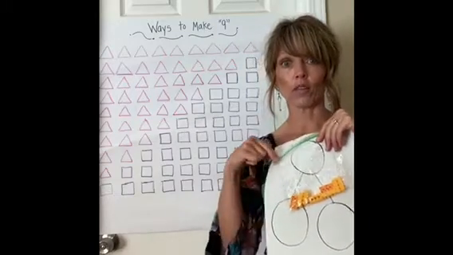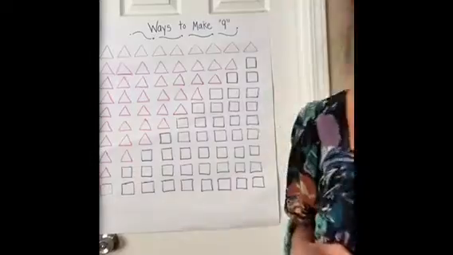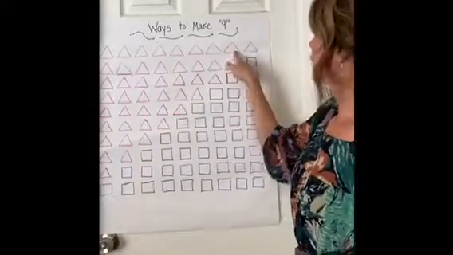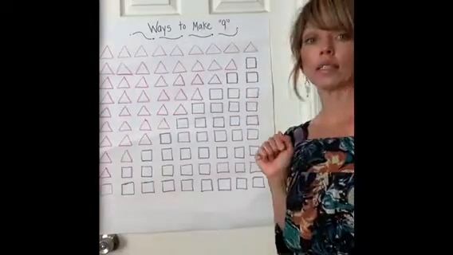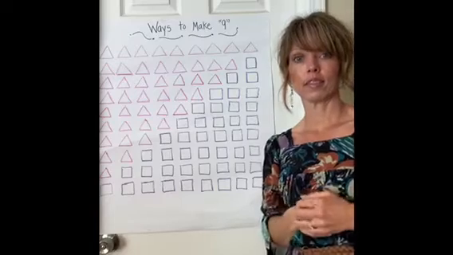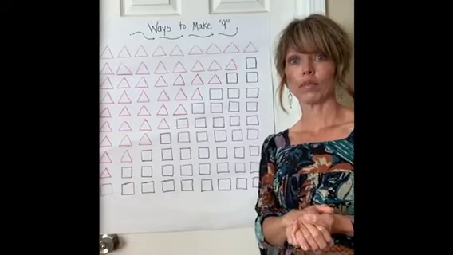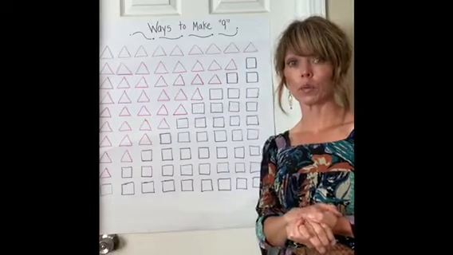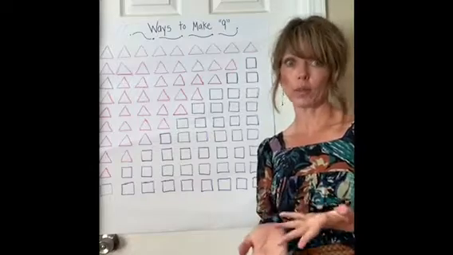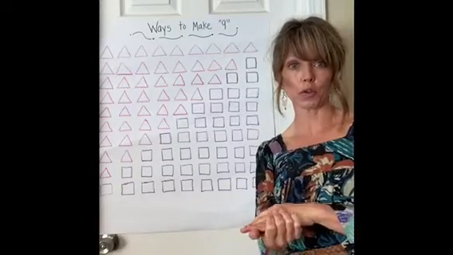Okay, so if you were using your objects, go ahead and do that now. 9 and 0 is 9. Okay, let's go ahead and move on to the next one. If you, of course, have the pause button, so if you need a little more time, you could do that.